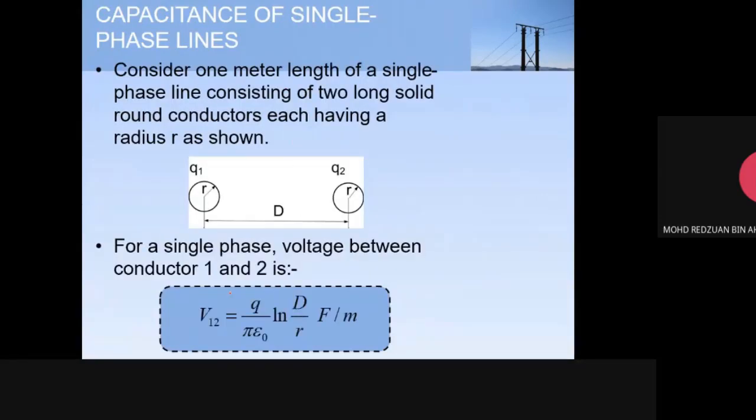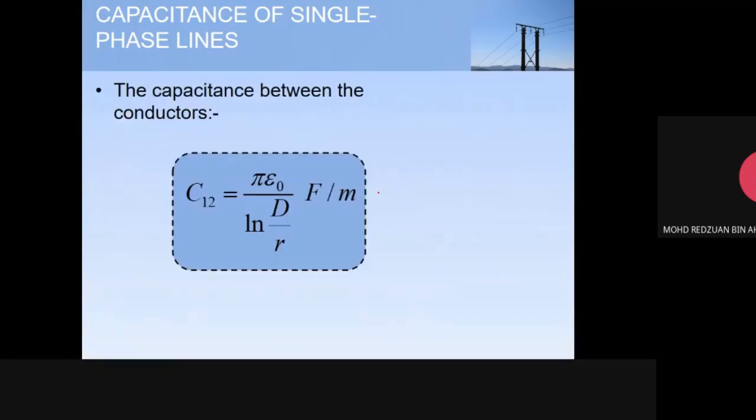So actually we have to find the voltage V between these two points. By knowing the voltage between two points, we can finally calculate the capacitance effect between these two points, point 1 and point 2, given by this equation. Actually, this is not what we want.